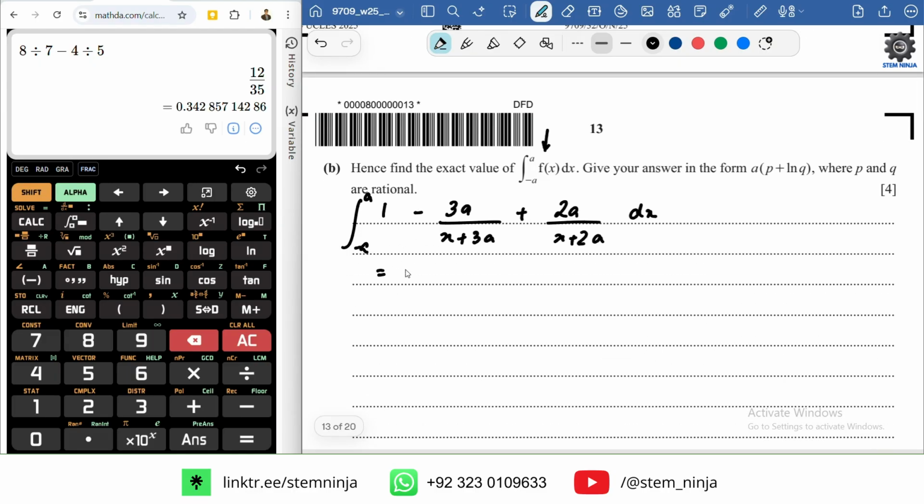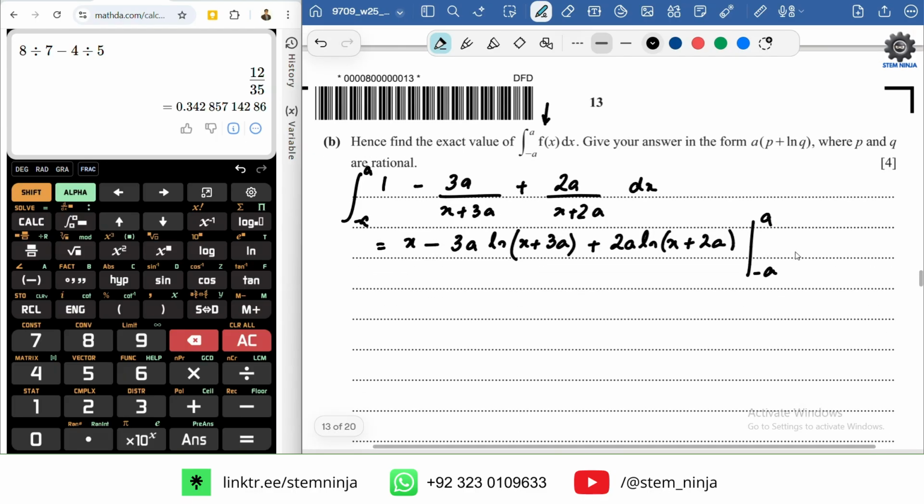So first one would be just x minus, this is the linear denominator, right? So this will be handled with ln: 3a ln of x plus 3a, plus 2a ln of x plus 2a, from minus a to a. Right.